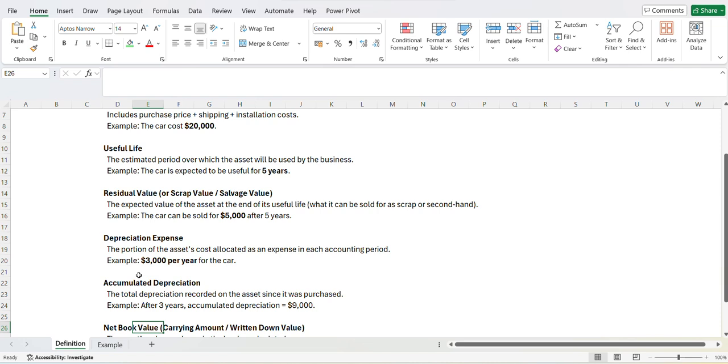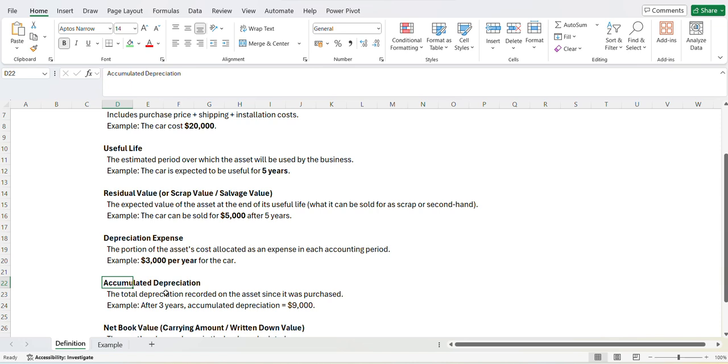And then we have accumulated depreciation. If you have an asset whose useful life is 4 years, and let's say we're in year 3, what is the accumulated depreciation? It is the depreciation for all the years up to the point you are looking at. For instance, at the end of year 3, you add the depreciation for year 1, year 2, and year 3.